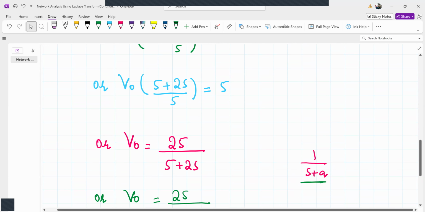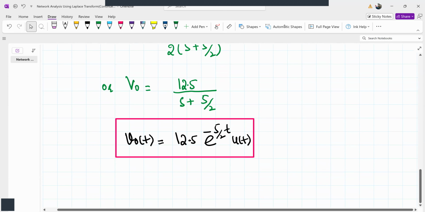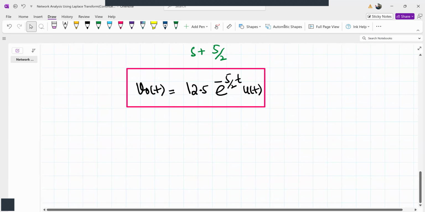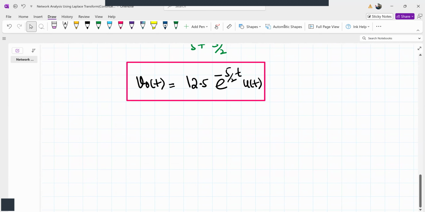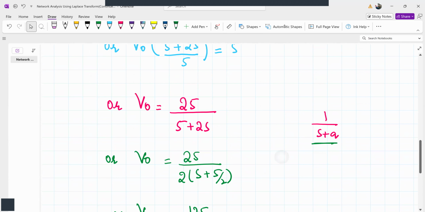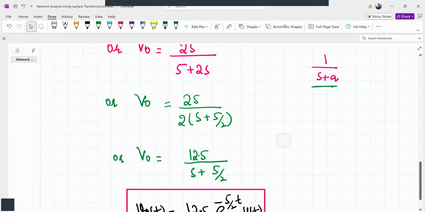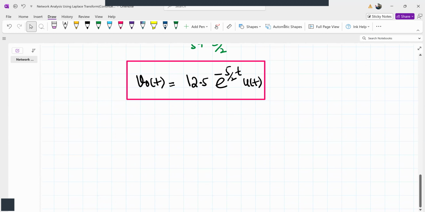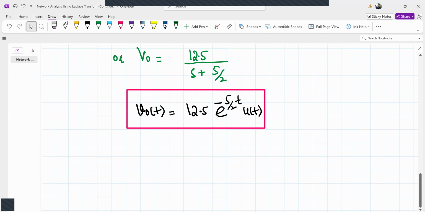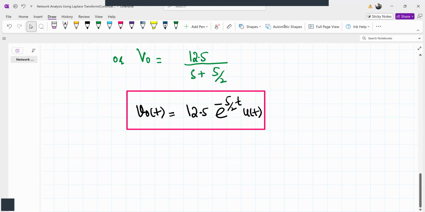The same thing will be true if you want to use mesh analysis. If you have to solve a network that contains multiple meshes or multiple nodes, you can use the same techniques that you have learned in DC analysis for resistive networks. All right, let me stop it here.